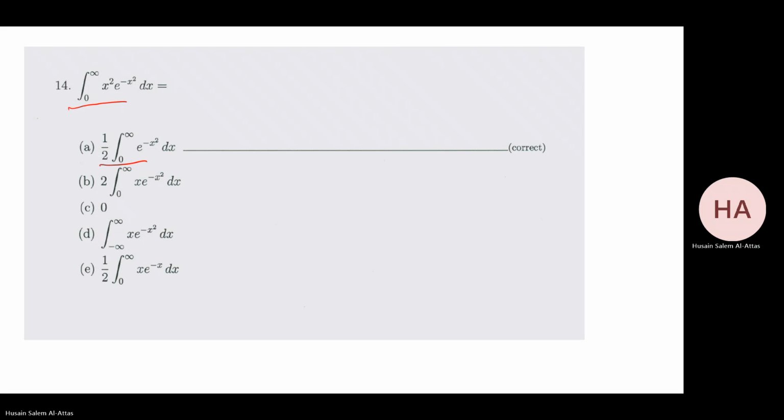This will be limit t goes to infinity, 0 to t, x square e minus x squared dx. How to go from this to this?